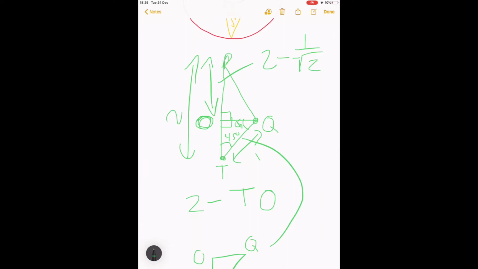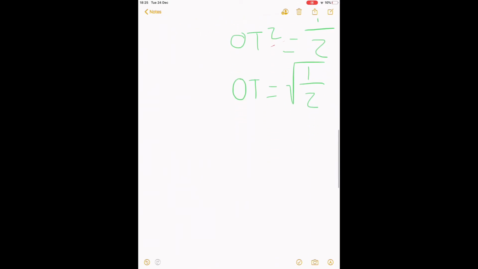So the length of PO becomes 2 minus 1 over root 2. Then we use Pythagoras' theorem again to find the lengths of our bigger triangle. We draw the triangle again, knowing our new lengths.